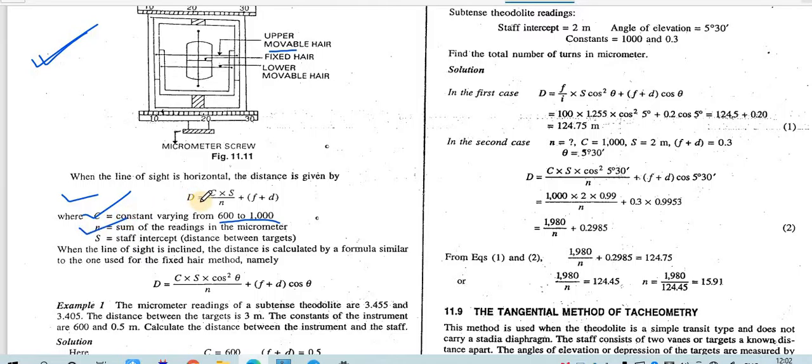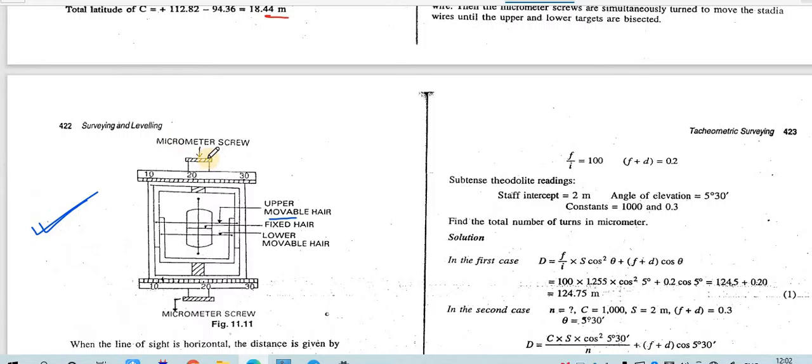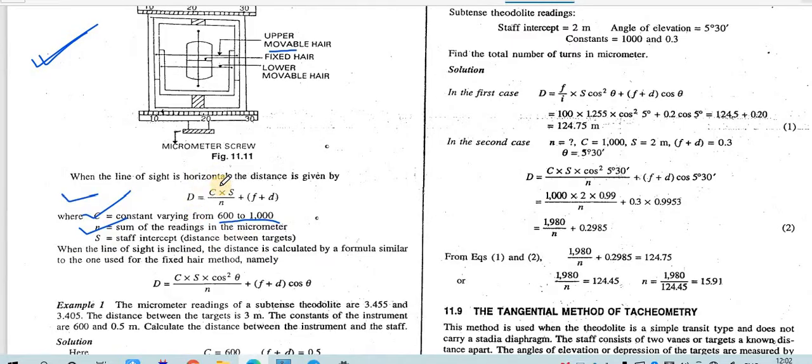N is the sum of the readings in the micrometer. Suppose the reading at the top is 11 and the reading at the bottom is 10. That means 11 plus 10 will give you the value of N. S is the staff intercept, and F plus D is a constant.